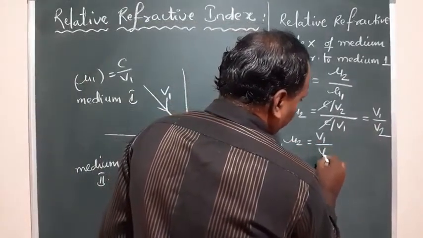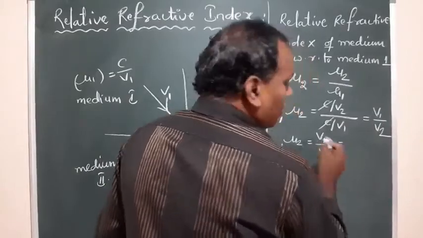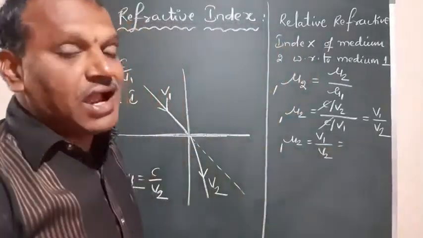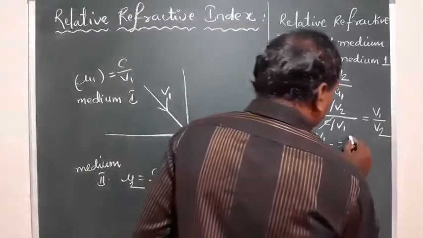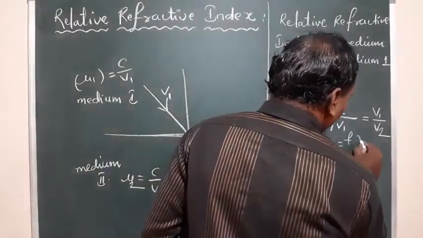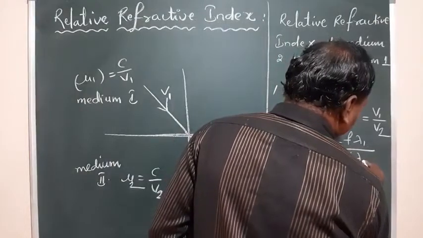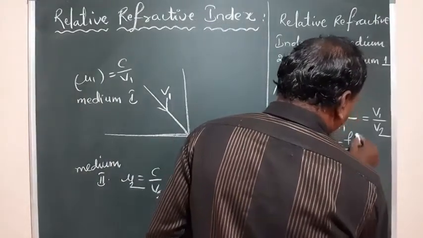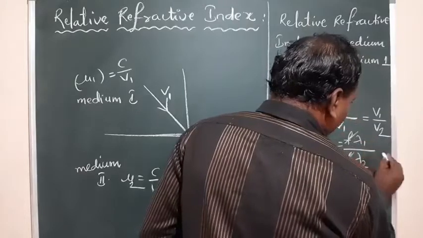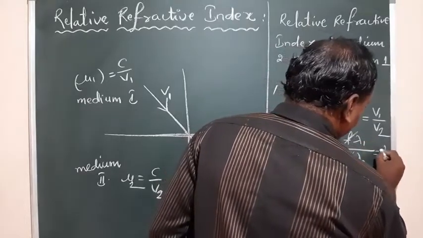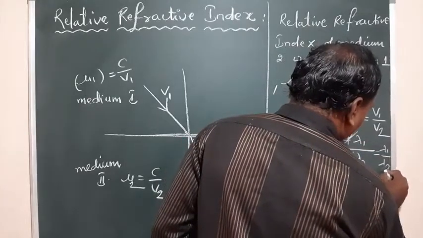Velocity can also be written in terms of frequency and wavelength. So in the first medium the frequency is f and the wavelength is lambda 1. Again the frequency is f and the wavelength is lambda 2 in the second medium. So the frequency cancels. What remains is lambda 1 upon lambda 2.